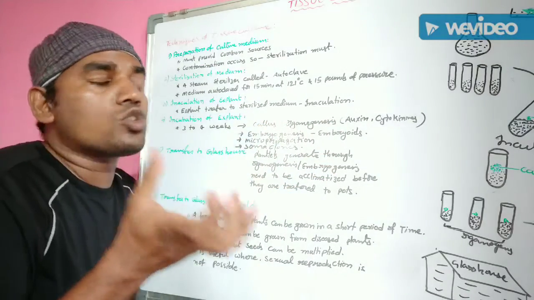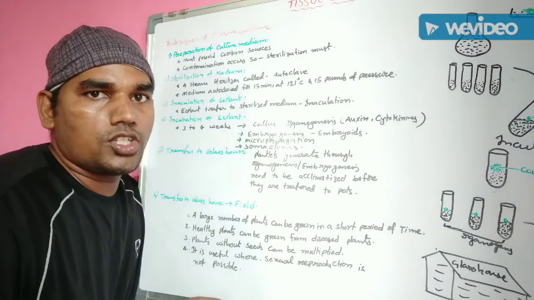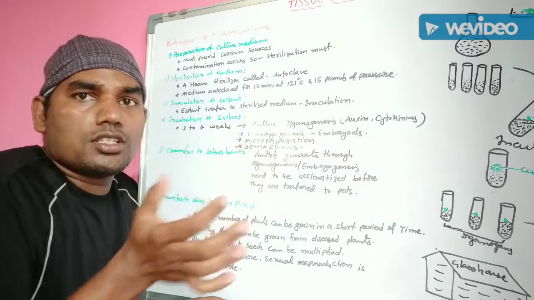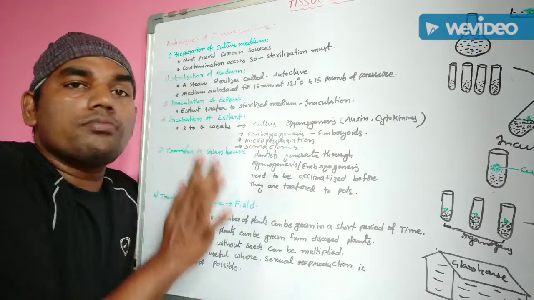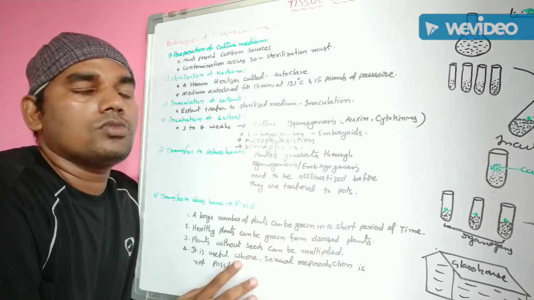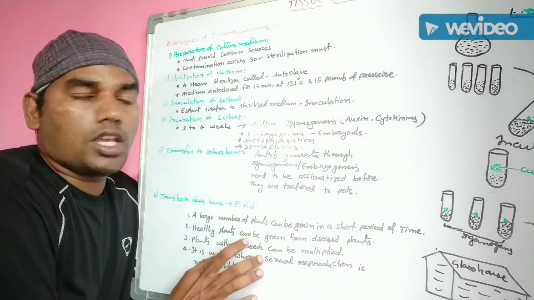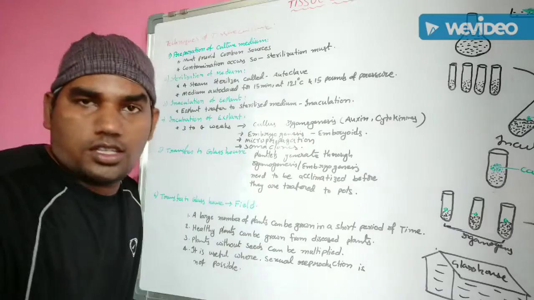Sometimes embryo-like structures are also visible after the incubation period. Understand? After the incubation period, some embryo-like structures appear on the culture medium, the nutrient medium. This one is known as embryogenesis. Okay, explant nunchi manaki embryos form aithe, that one is known as embryogenesis.